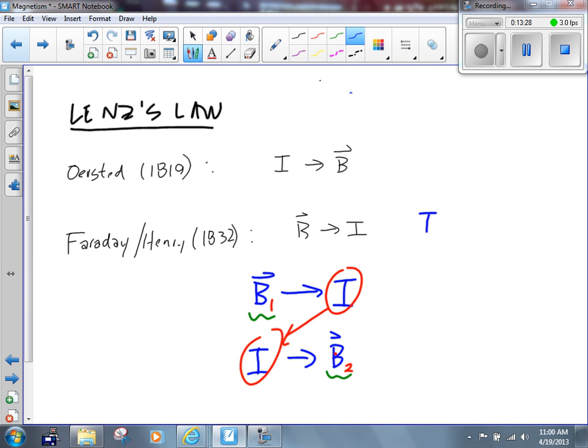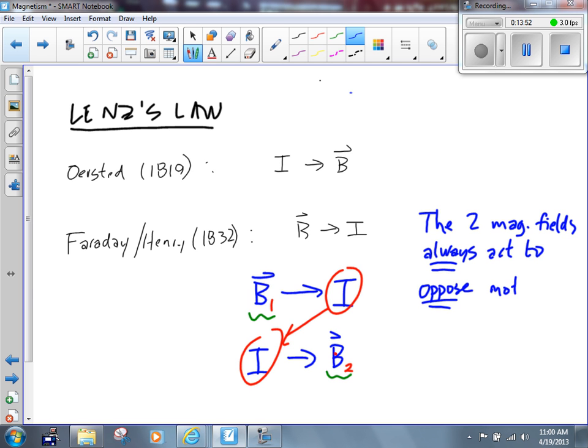The two magnetic fields that we have, the original one that is moving through the pipe and the new one produced by the current, which was produced by the magnetic field, these two magnetic fields always act to oppose motion. They will attract each other, or repel each other, or do what they need to do in order to oppose the motion of the magnet.